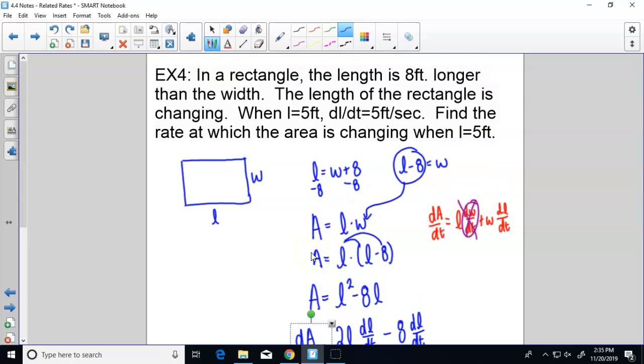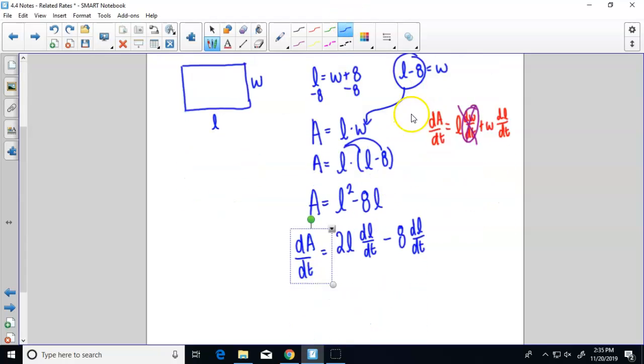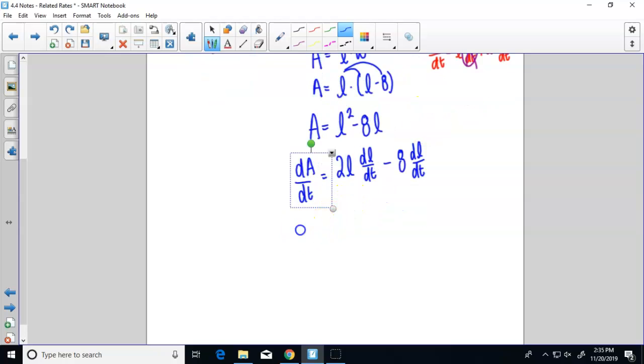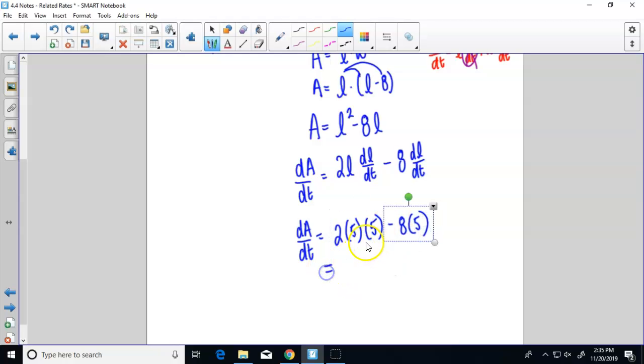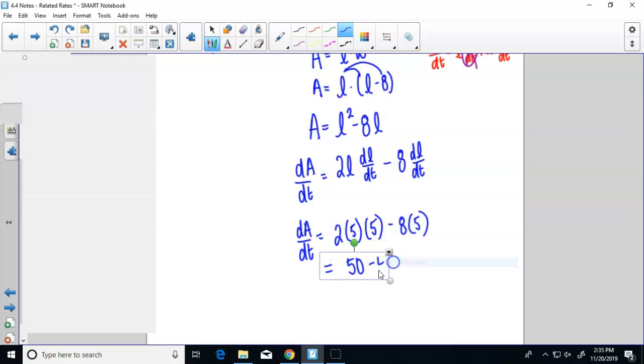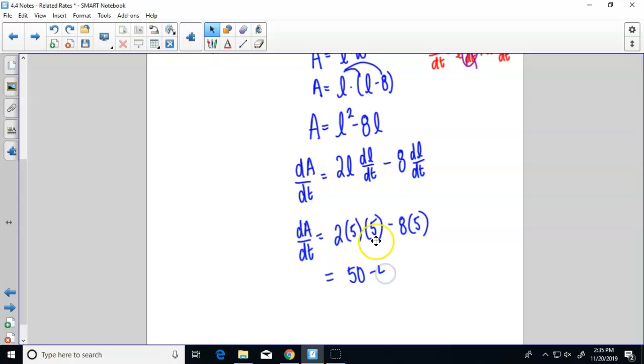Okay, so they told us L is 5, and dL/dt is 5. So dA/dt would be 2 times 5 times 5 minus 8 times 5, which is going to give us 50 minus 40, which is going to be 10.